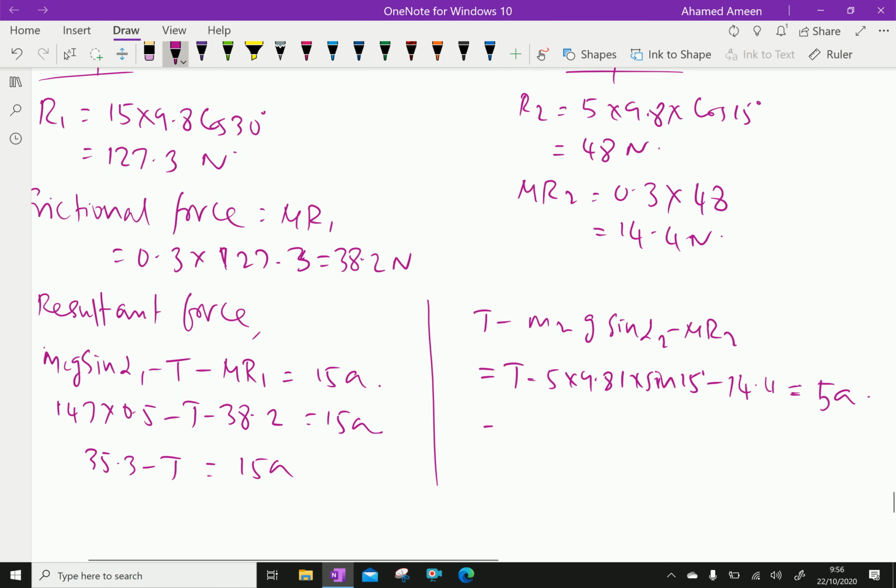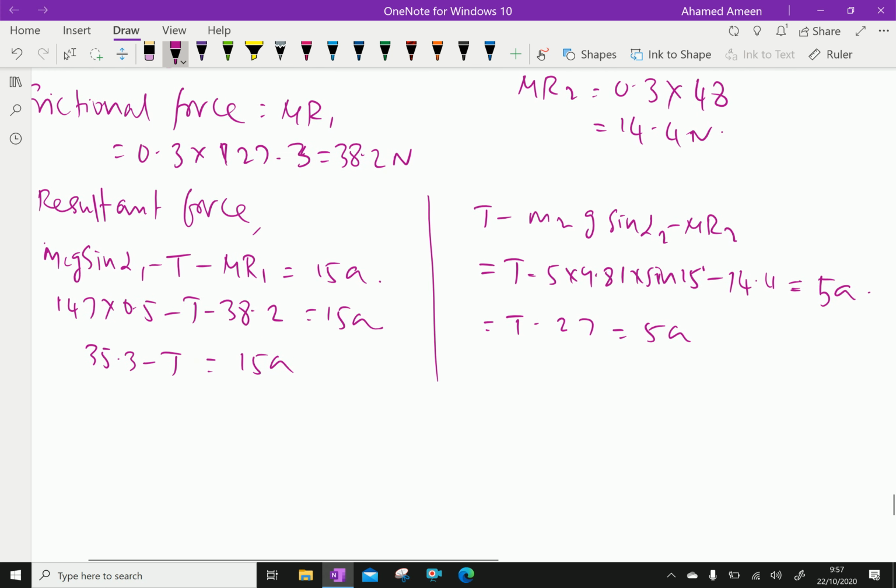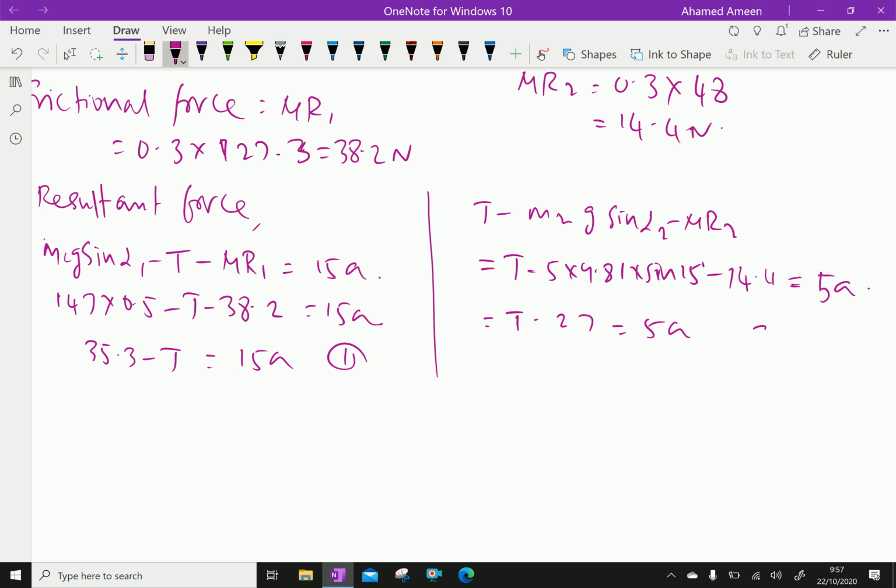By simplifying we get T minus 27 equals 5a. Let the first be equation 1 and this be equation 2.